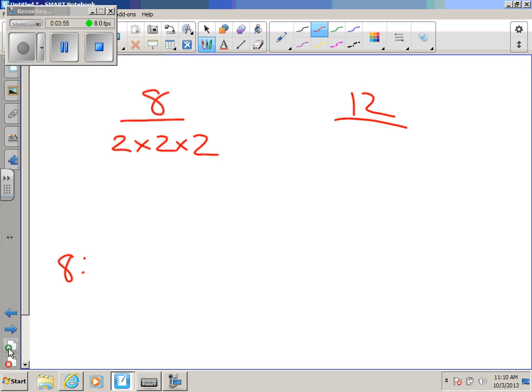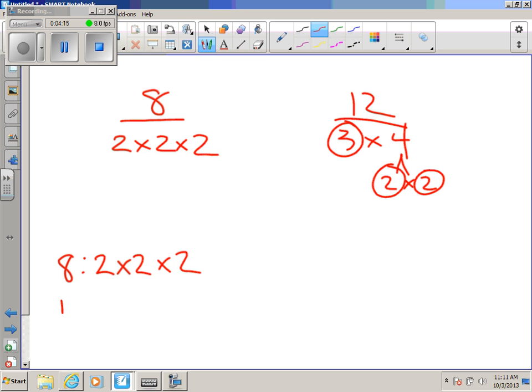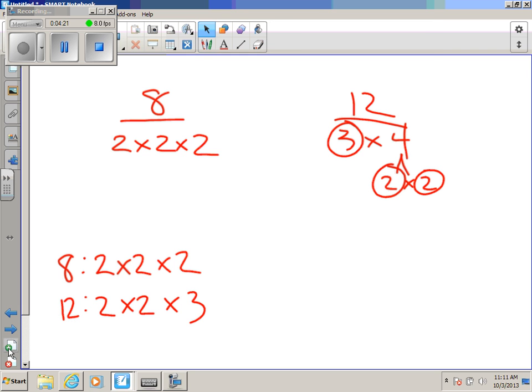Now I know that for today, you tidied everything up and you put everything in exponent form. I think it's wiser for today when you're finding GCF to write these out the long way, and I'll show you why. 12, let's go 3 times 4. 3 is on my list. 2 and 2. So in order, I've got 2, 2, and 3.